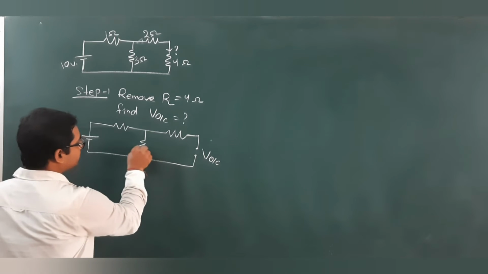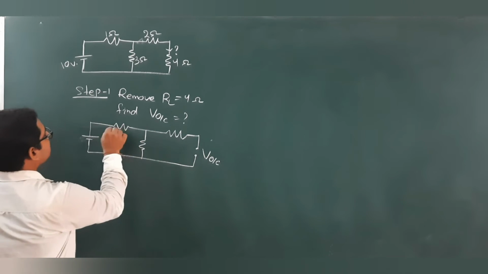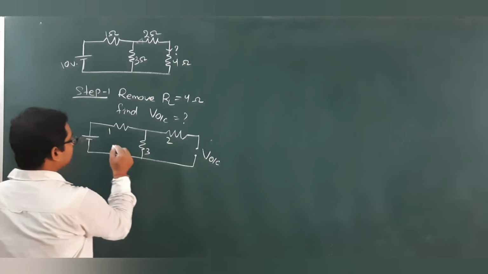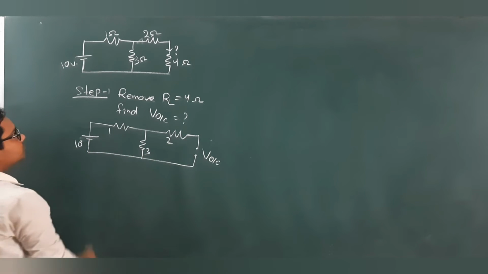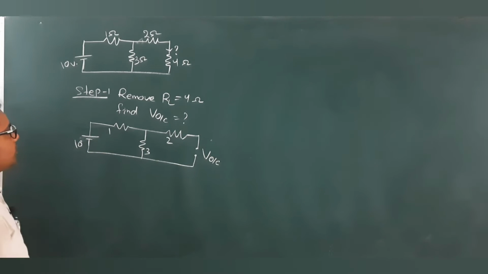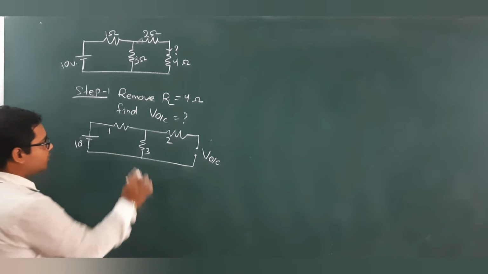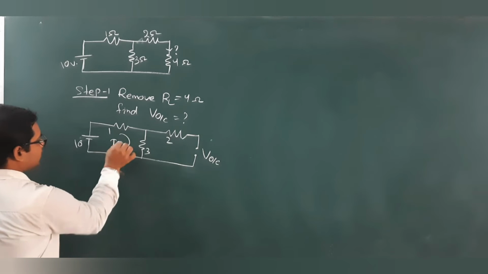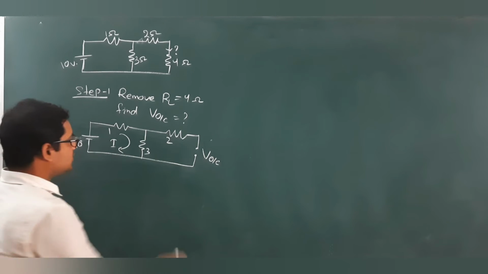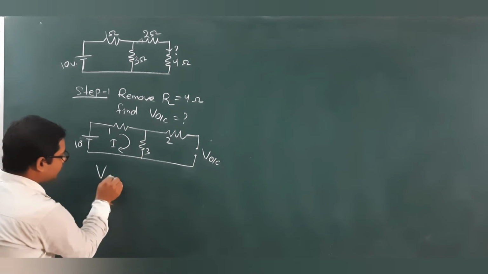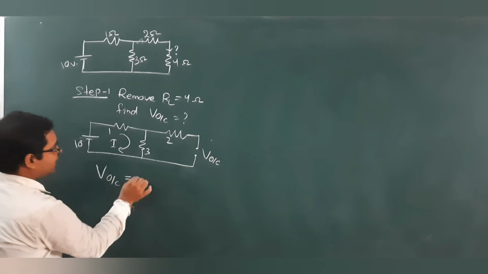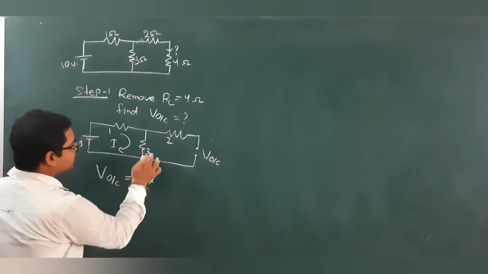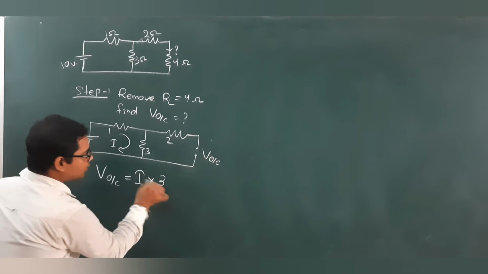The resistances are 1, 2, 3, and the source is 10. For finding out VOC, the current through this one is I, so I into this resistance, so VOC directly I am finding out as I into R3, R3 is 3 ohm.